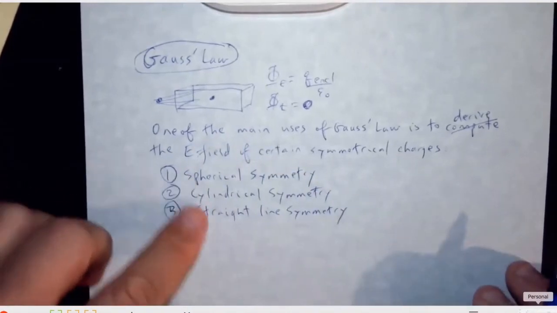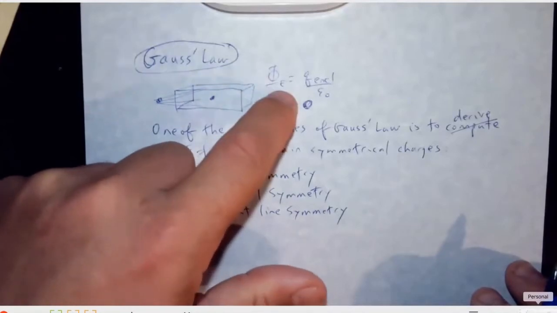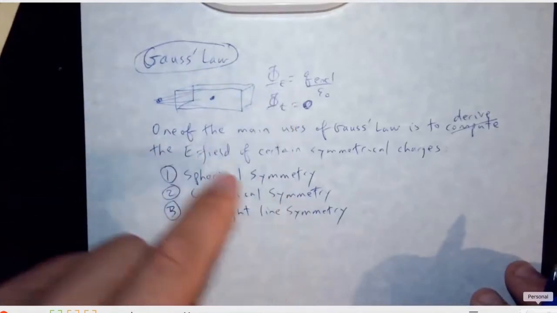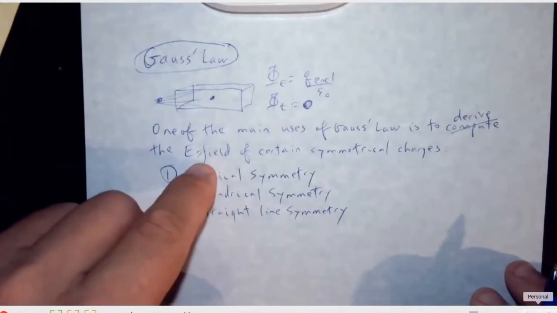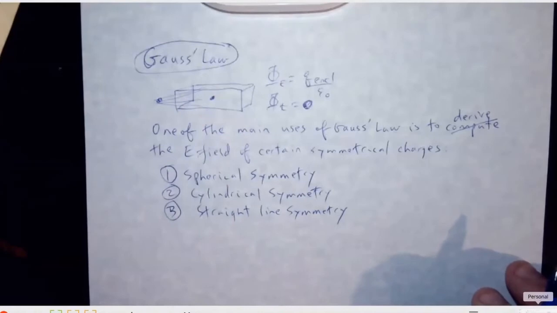So by using those symmetries and exploiting Gauss's law, we are able to derive the electric field of certain charges easier than we would otherwise.